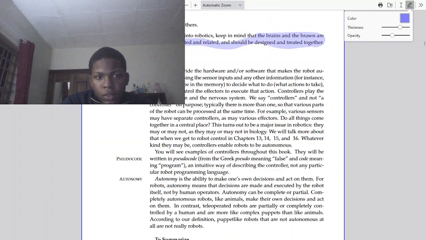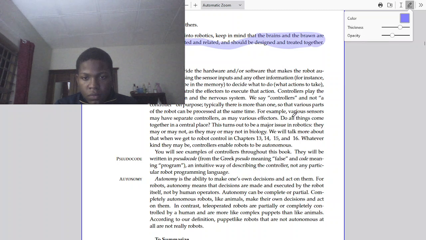So lastly, autonomy. Controllers provide the hardware and software that makes the robot autonomous by using sensors, inputs, the memory, and any other information to decide what to do, what action to take, and then control. Say the role of the brain or the nervous system. We say controllers and not a controller on purpose. Typically there's more than one, so that various parts may have separate controls, as may various effectors. Do all things come together in a central place?